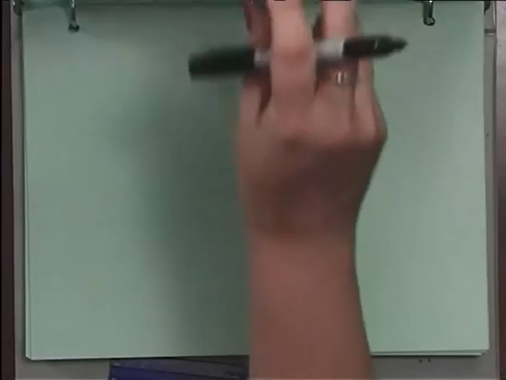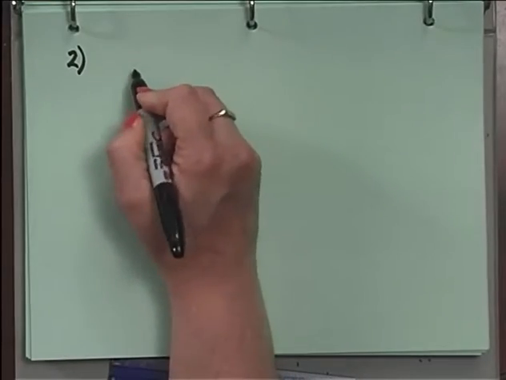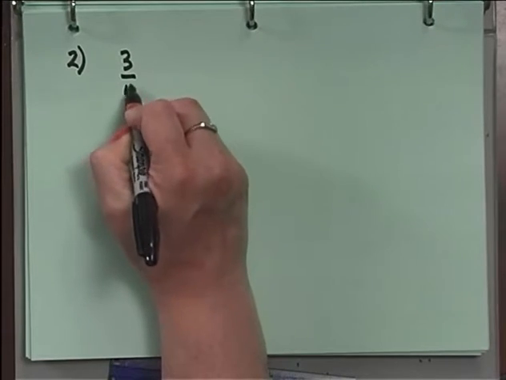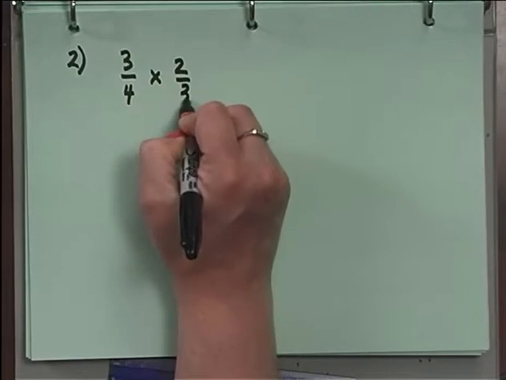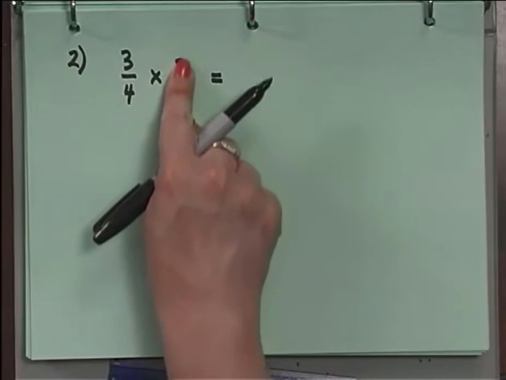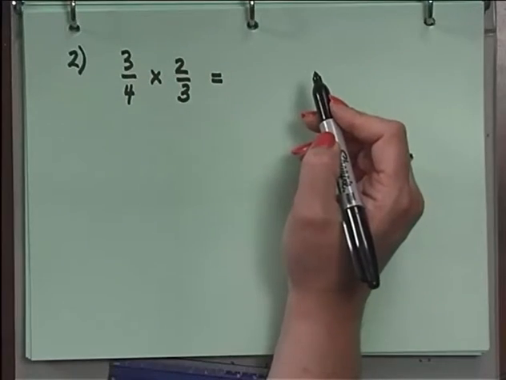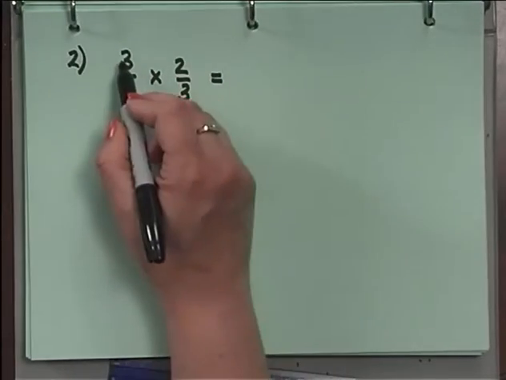Okay, let's look at example 2. With example 2, it says multiply 3/4 times 2/3. Well, this means that I have 2/3, and I want to know what 3/4 of the 2/3 would be. To find that out, I multiply my numerator.